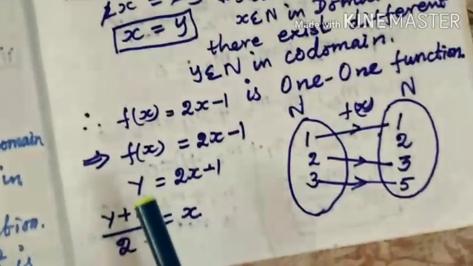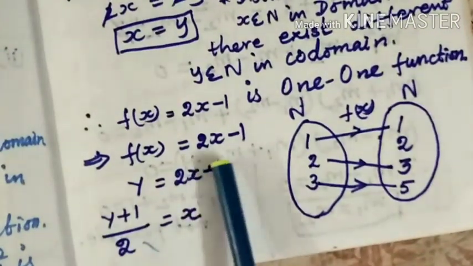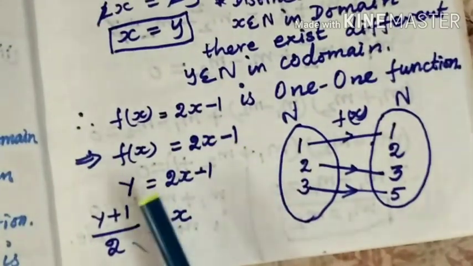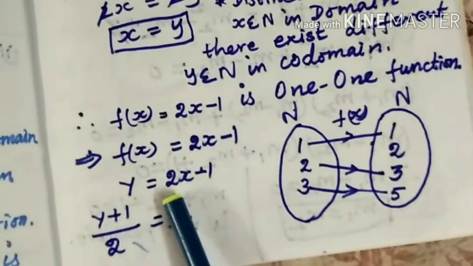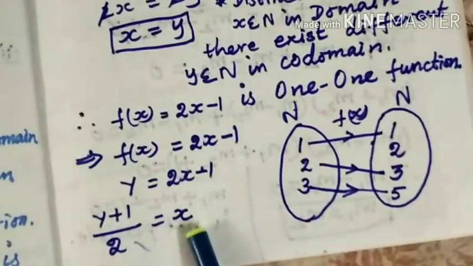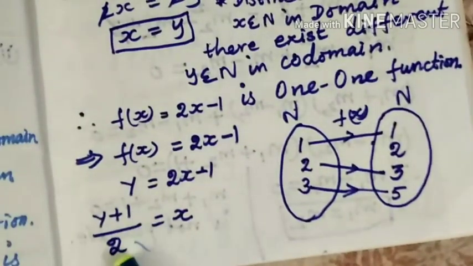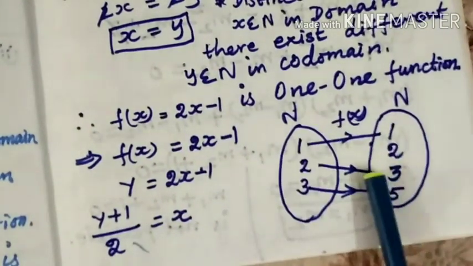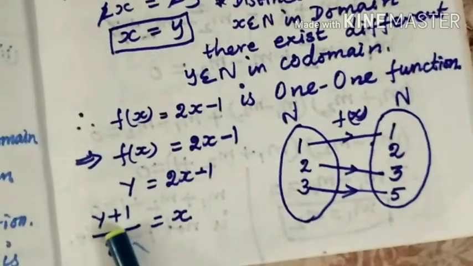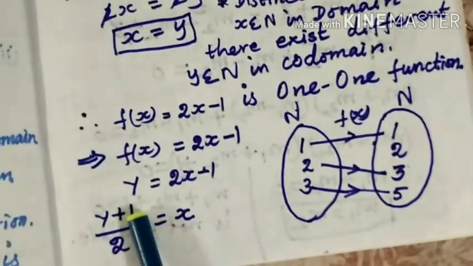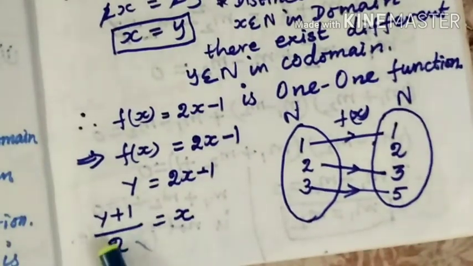So f of x equal to 2x minus 1 is the given function. Let y equal to 2x minus 1. From this we have to find the x term, that is x equal to (y plus 1) by 2. By an arrow diagram, I will take y as 1: 1 plus 1, 2 by 2 we get 1.